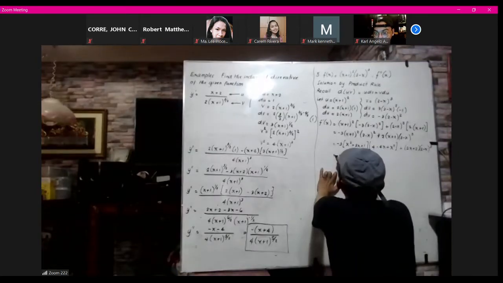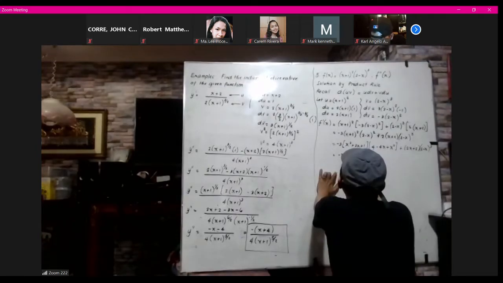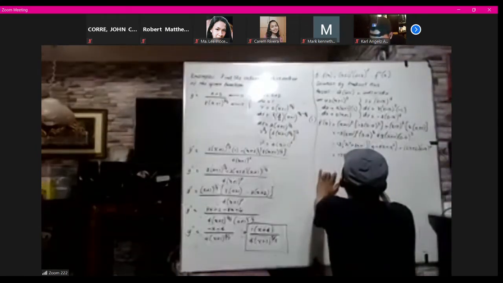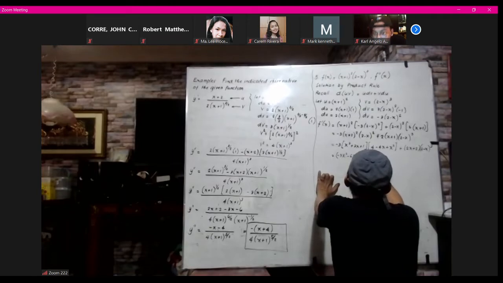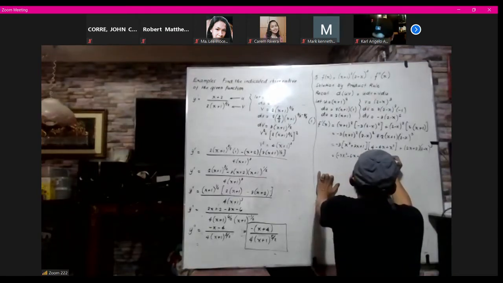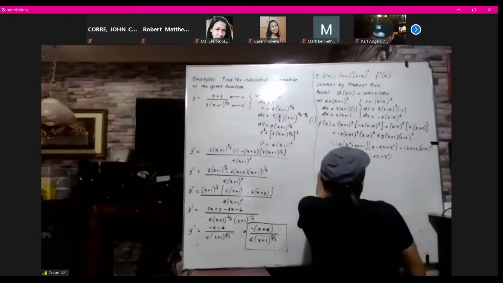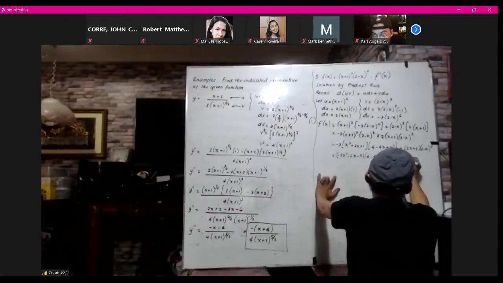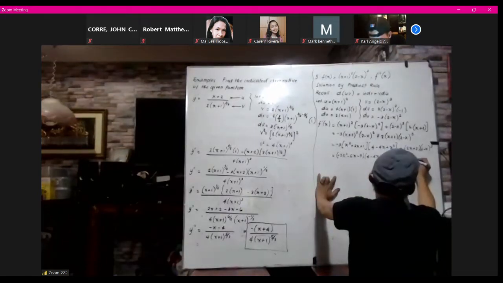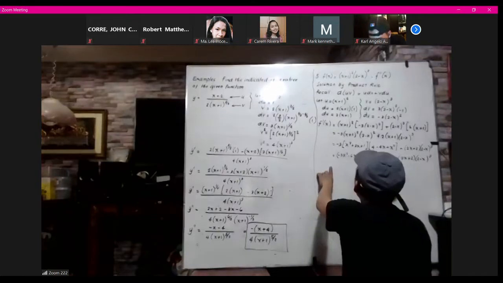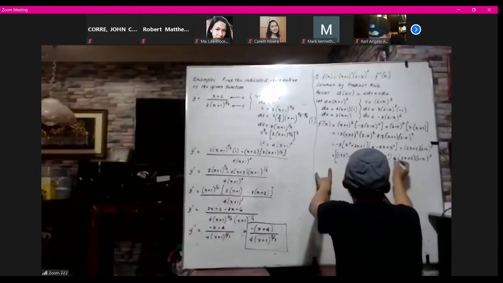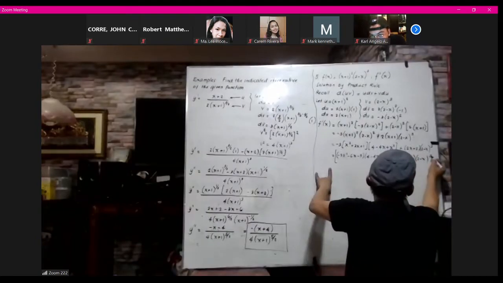Okay. That is negative 3 times x squared, negative 3x squared, negative 3 times 2x, negative 6x, then minus 3. Multiplied natin ng (4 minus 4x plus x squared). Okay? Then, aside from this, we have (2x plus 2) multiplied by (2 minus x) cubed. Okay. So dito, pwede na tayo mag-ano. Ito yung unang term natin. Then, ito yung pangalawa. Okay?